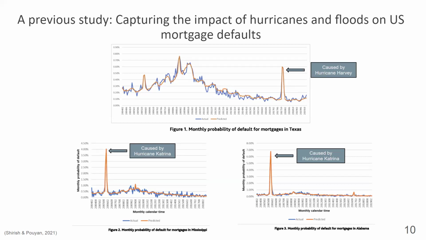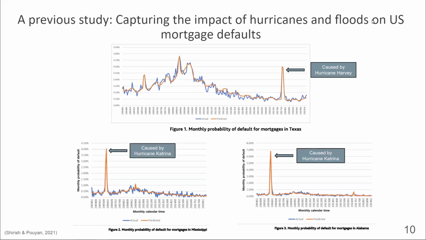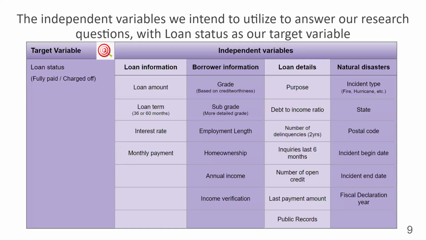One question, Rosa. I noticed that it's a well organized presentation. The independent variables look well defined, but there are some categories for the independent variables: loan, borrower, detail. Are you thinking about how to tackle the dependence between these variables?